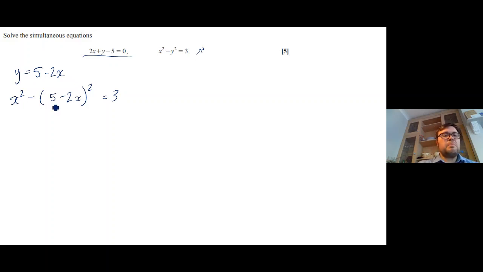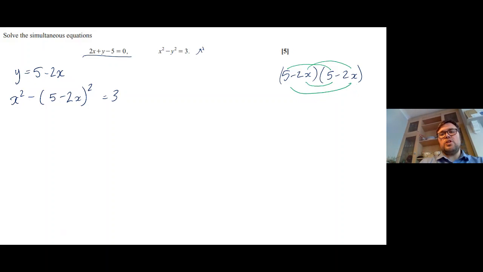You now need to expand the 5 minus 2x all squared. You can move it over to the side and expand it via a double bracket, smiley face, FOIL, however you would have been taught. I'm going to use smiley face. So we have that one, left eyebrow, right eyebrow, smile, and then you have a chin.